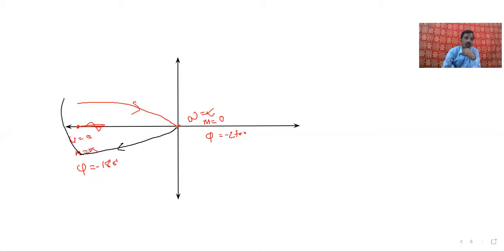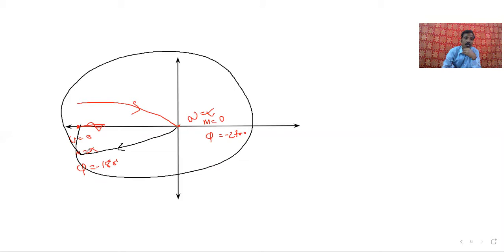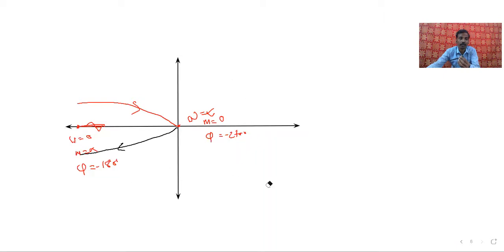Then draw the contour. This is the contour, and this is the terminating point, the last point.